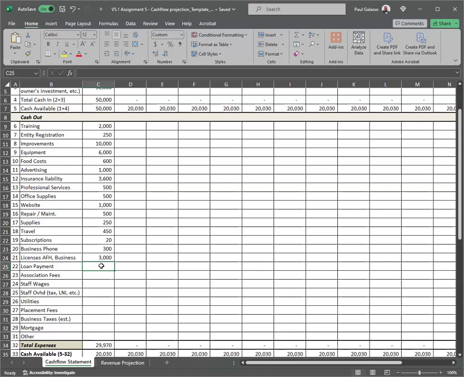So in this case, we had a $30,000 business loan and we wanted to figure out how much it would be. Let's say it was a 5-year loan. Just as a standard, I'm going to take $30,000 and divide it by the number of months in 5 years, which is 60 months.